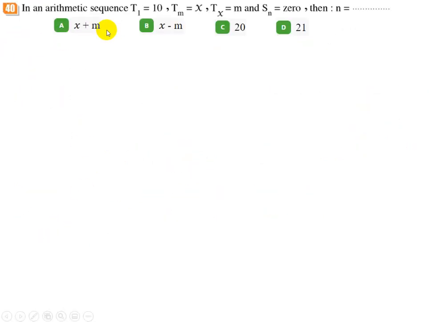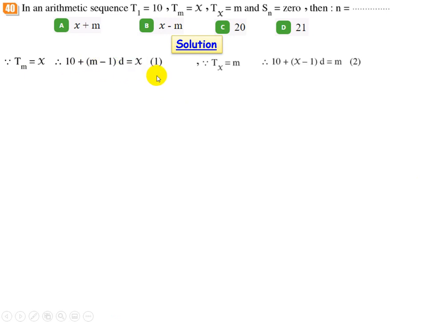Question number 40. In an arithmetic sequence, t1 equals 10, tm equals x, tx equals m, Sn equals 0, then n equals. Tm equals A, which means 10, plus (m minus 1)d. This is x, number 1.